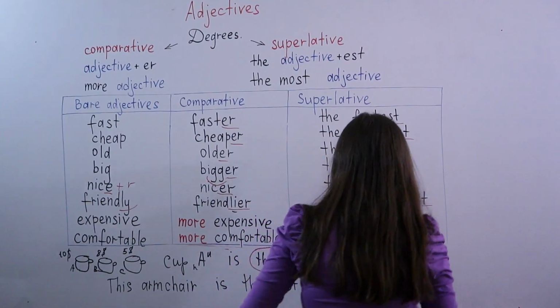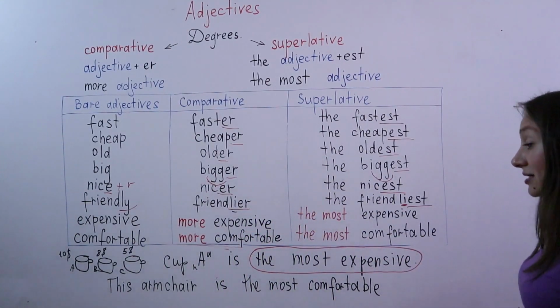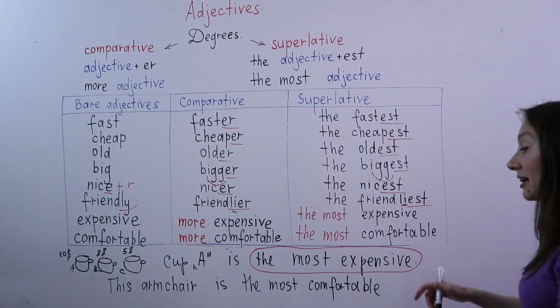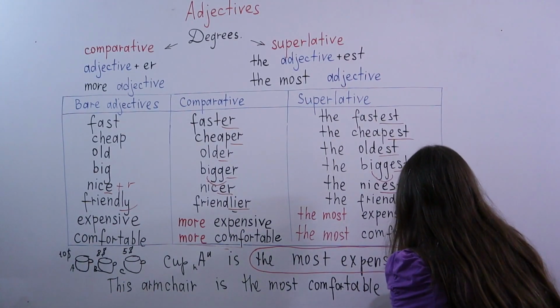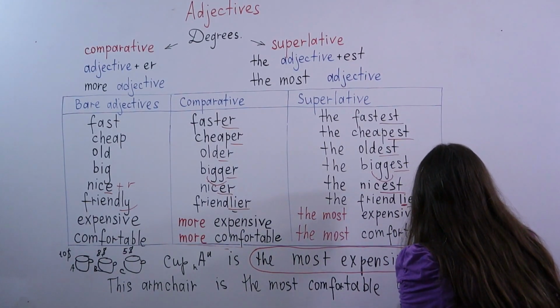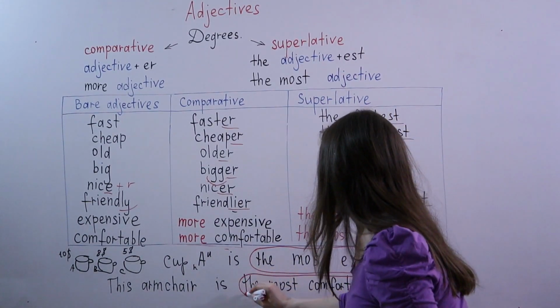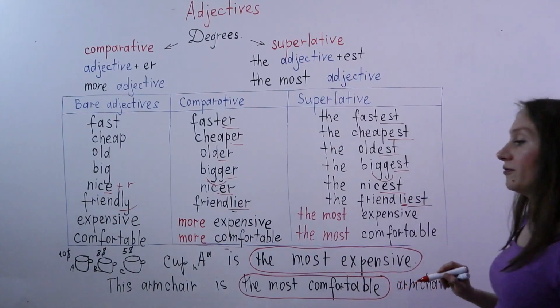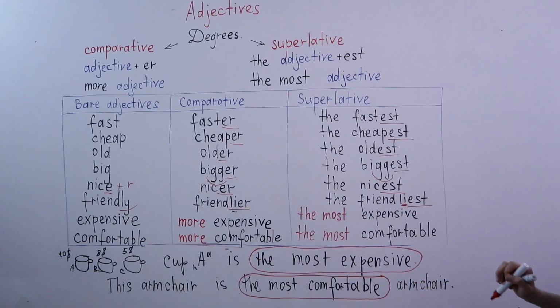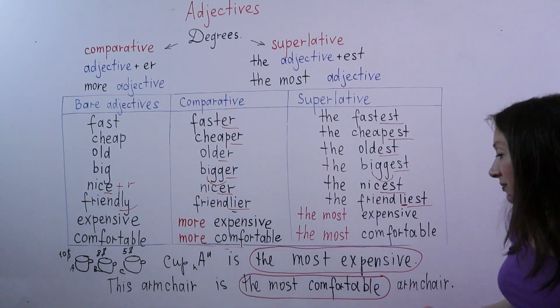You can finish the sentence here, or you can say full version, the most comfortable, and repeat armchair one more time. All right, so the most comfortable, right? This armchair is the most comfortable.